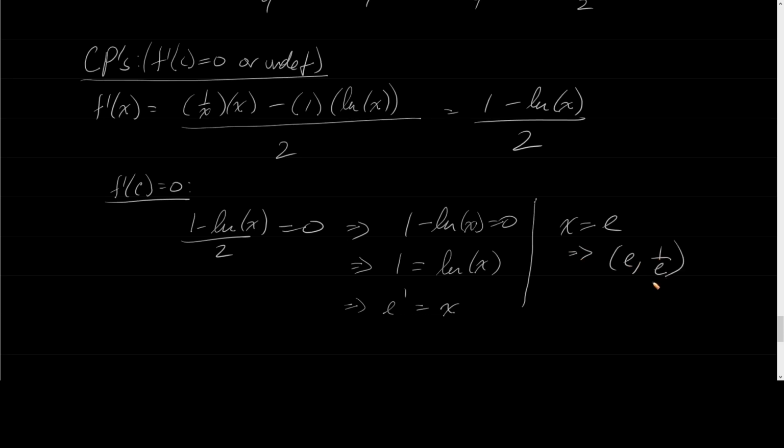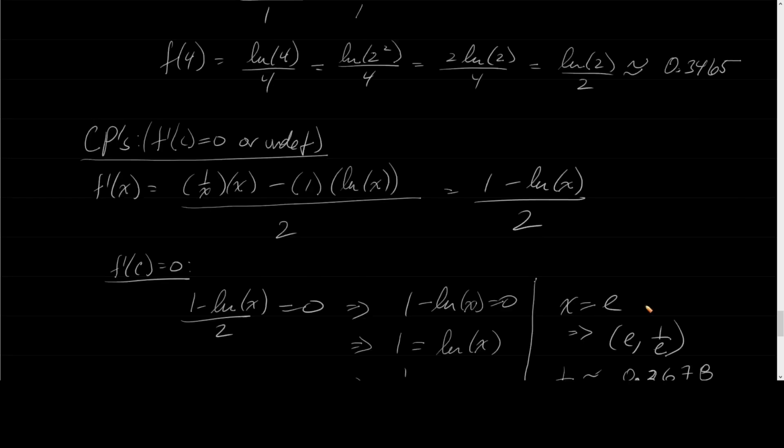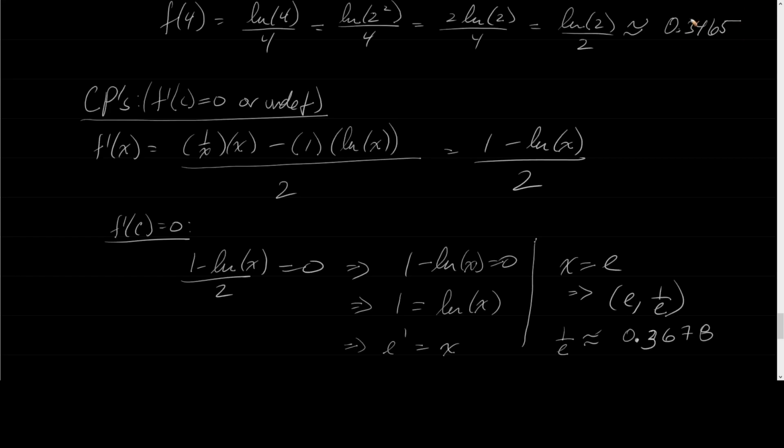Now, what's 1 over e? 1 over e is approximately 0.3678, which is a bigger value than this 0.3465.